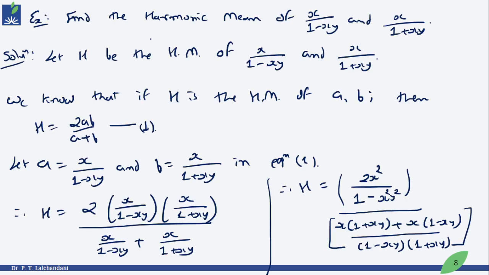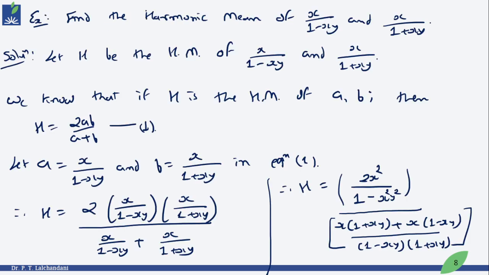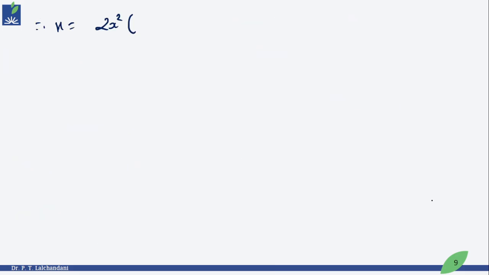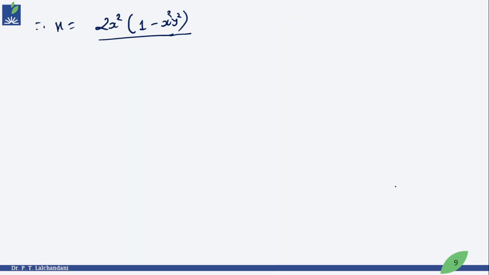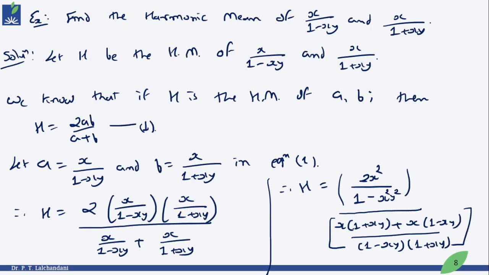So therefore h is equal to 2x square as it is, and denominator of denominator, that means this one, 1 minus xy, 1 plus xy, it is simply 1 minus x square y square, divided by this 1 minus x square y square will multiply this term numerator of denominator. So first bracket is 1 minus x square y square, and we'll simplify this bracket, x into 1 plus xy.